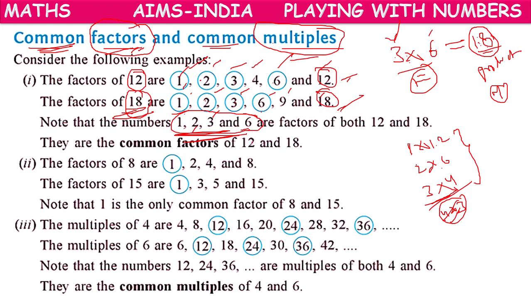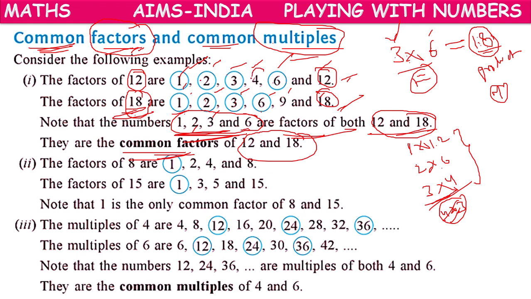Hence, they are considered factors of both 12 and 18. These factors which are present in both the given numbers are called common factors. So the common factors of 12 and 18 are 1, 2, 3, 6.